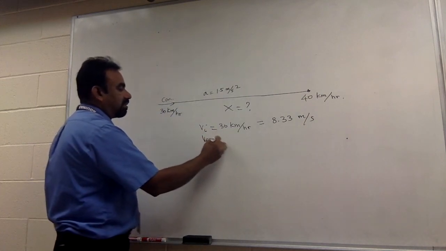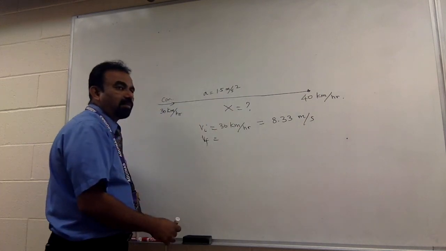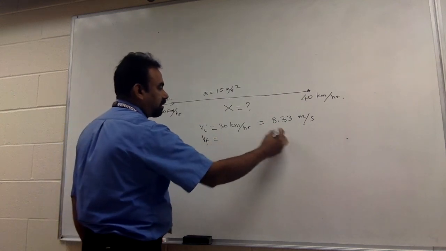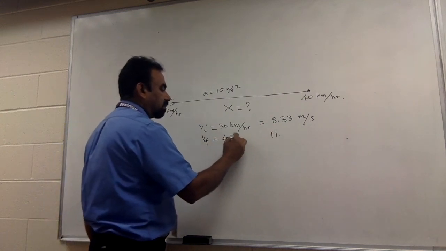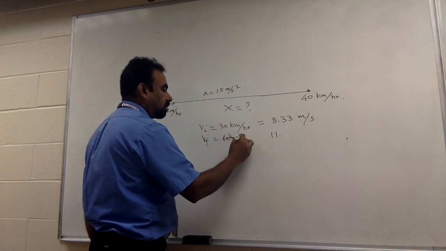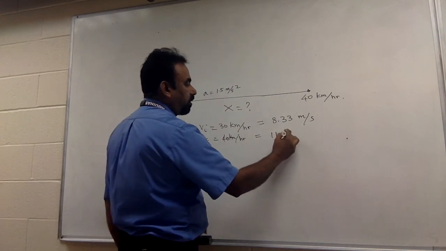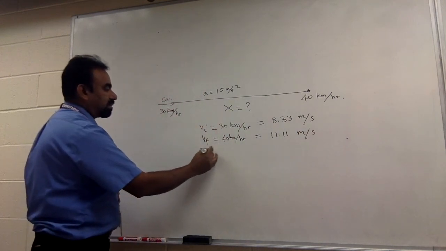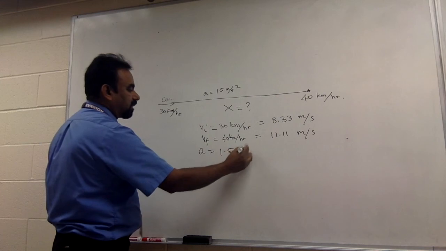What is final velocity? 40 divided by 3.6, which is 11.11 meters per second. So you have final velocity. Acceleration is now 1.5 meters per second squared.